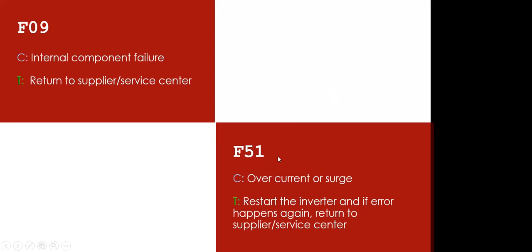At times, fault 51, which is overcurrent or surge, may disappear after restarting the inverter. Either we restart it according to what I've been saying: turn off the input breaker, turn off the solar input, turn off the output breaker. Then after that, you turn off the battery breaker.